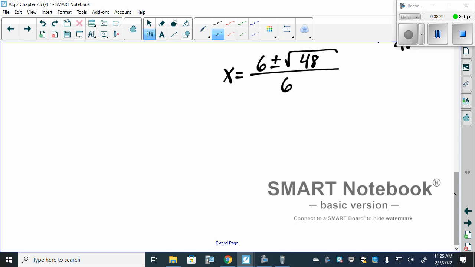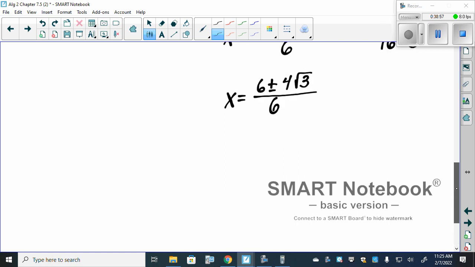Now, as we already said, we have a feeling that the square root of 48 is not going to simplify down to a whole number. If we know the perfect squares, 36, and then it would be 49, so it's not a perfect square. But 48 is 16 times 3. And I can take the square root of 16, which is 4, and we're left with square root of 3.